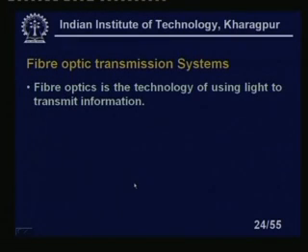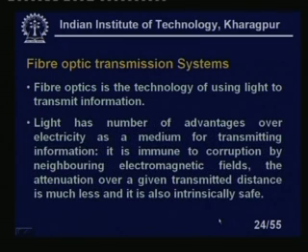Fiber optics is a technology of using light to transmit information. Light has a number of advantages over electricity as a medium for transmitting information. It is immune to corruption by neighboring electromagnetic fields. Two cables can go parallelly, whereas it is very difficult to put two electrical cables parallelly because there are chances of crosstalk.